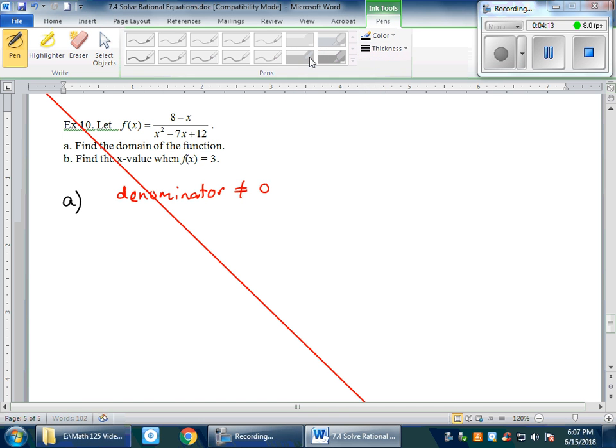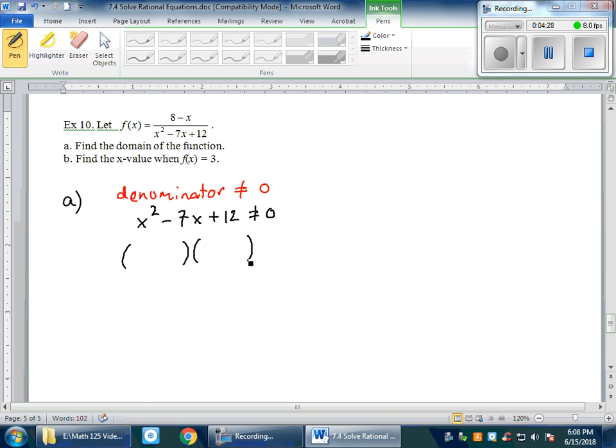In this case, my denominator x squared minus 7x plus 12 cannot be equal to 0. So I factor it, which is going to be x minus 3 and x minus 4.